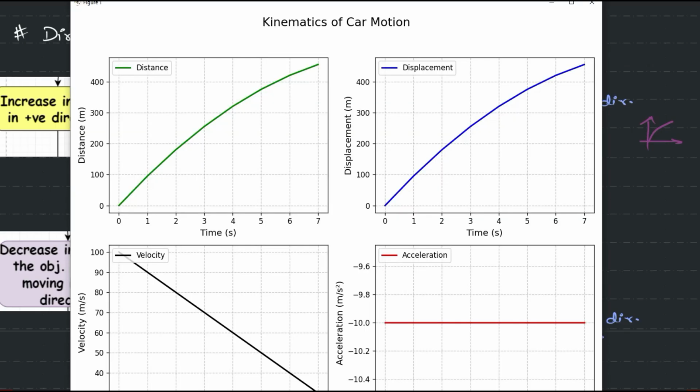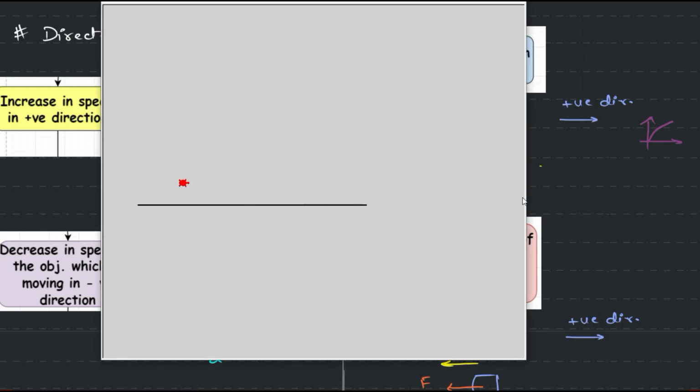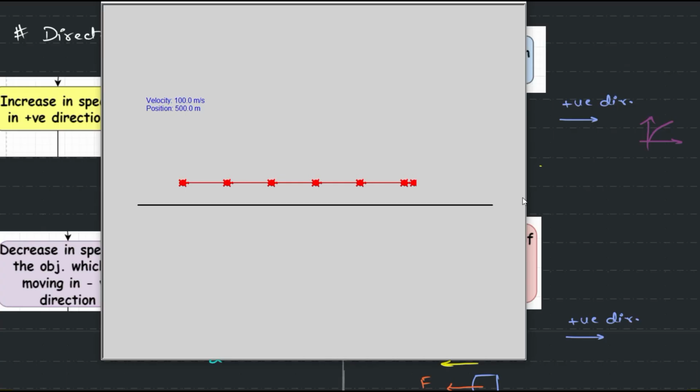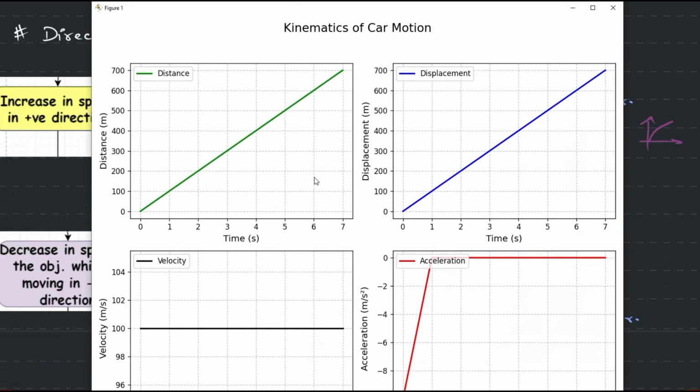And finally, we have zero acceleration. So you can see that the object is continuing with the same velocity because it's covering the same distance every second. And so this will be just a straight line.